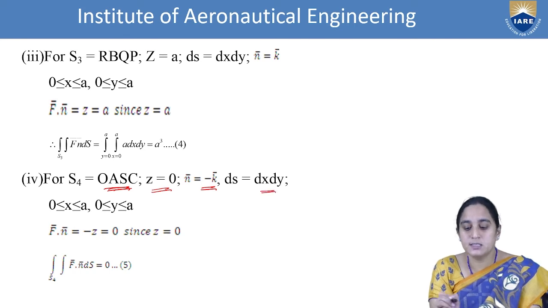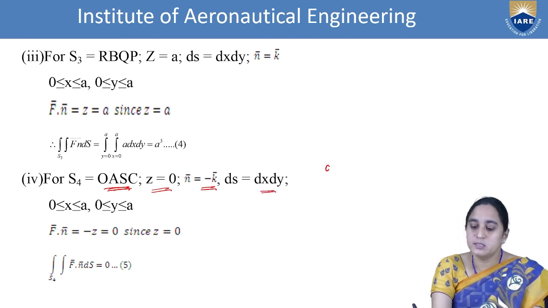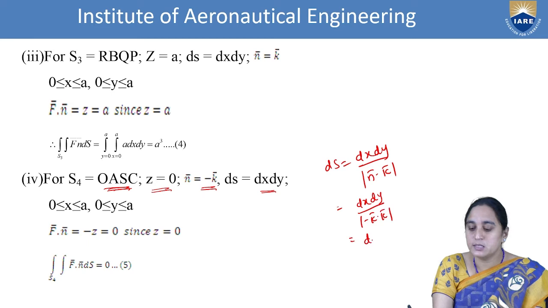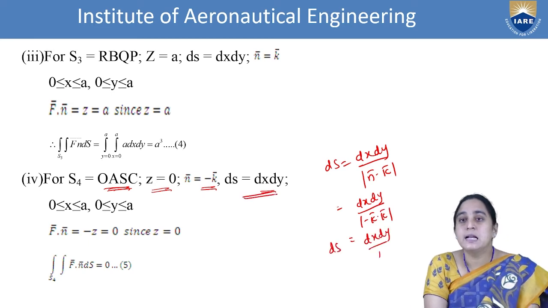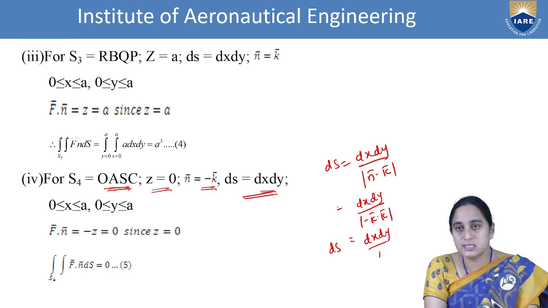What is ds here? ds is dx dy by modulus of n bar dot k bar. That is dx dy by modulus of minus k bar dot k bar, that is dx dy by 1. Therefore ds is equal to dx dy.